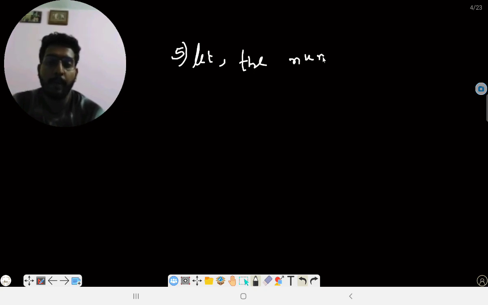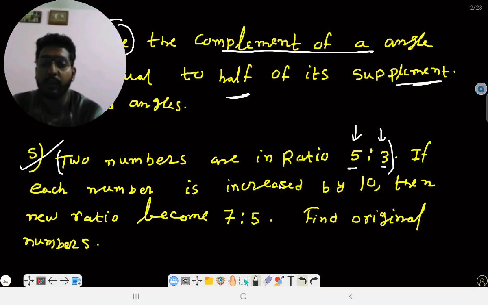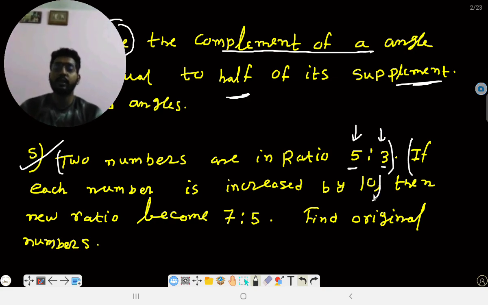So here let the numbers be 5x and 3x, like this. Now next one is if each number is increased by 10. Now if each number is increased by 10, that means what will be the new number?